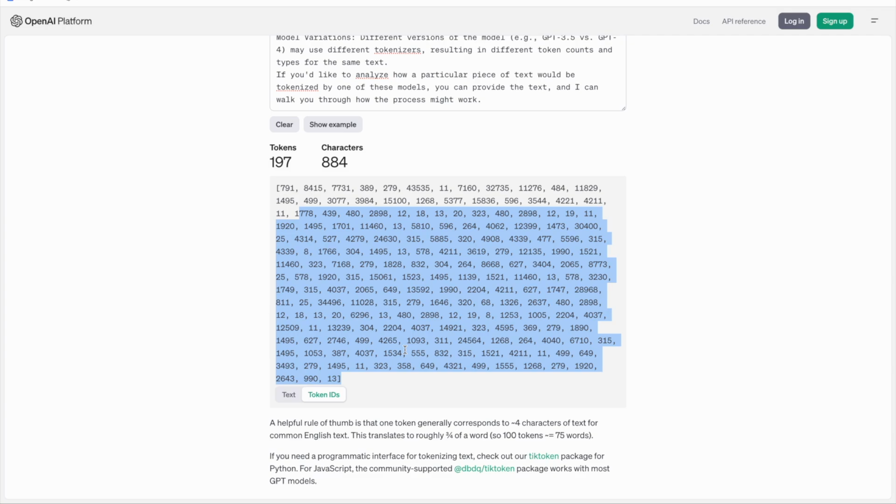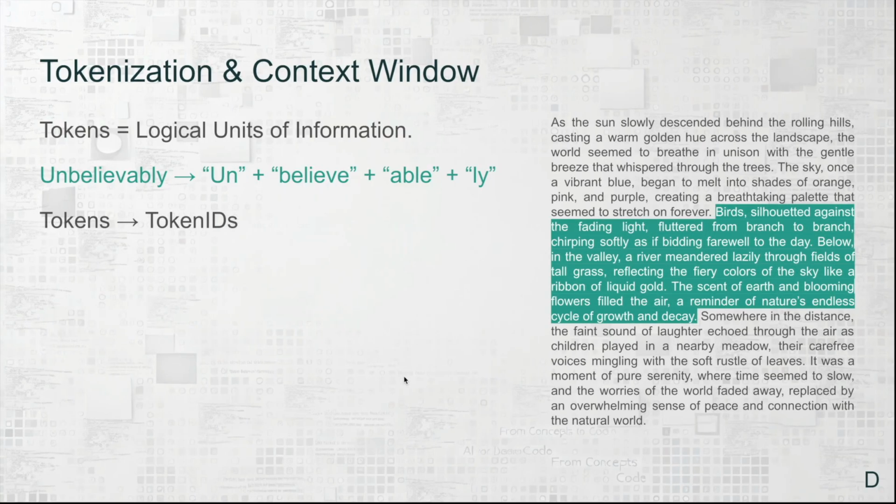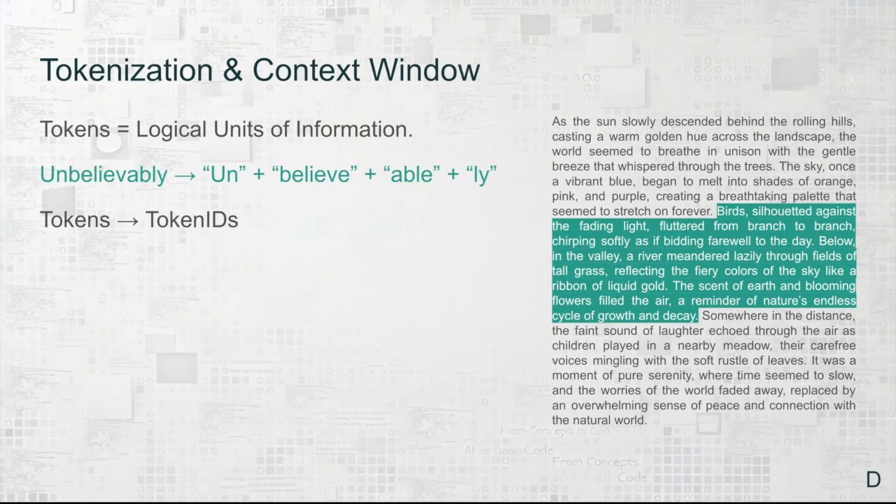All right, so that's how tokens work, but there is one more important concept to know, the context window. AI can't handle inputs of arbitrary size. For example, you can't input an entire book and ask the AI to write a sequel. There are limits.